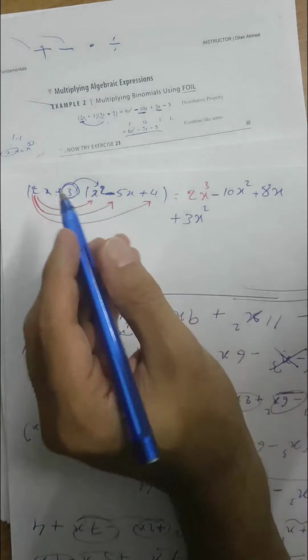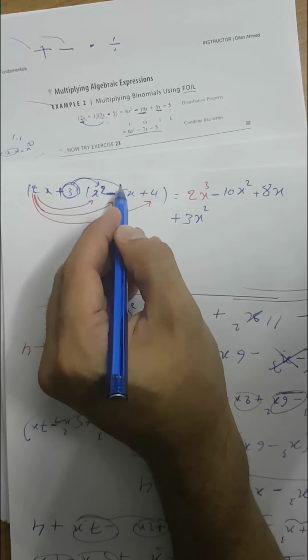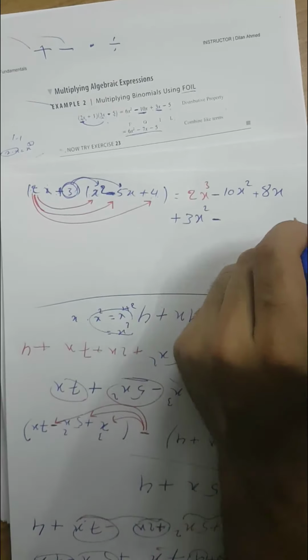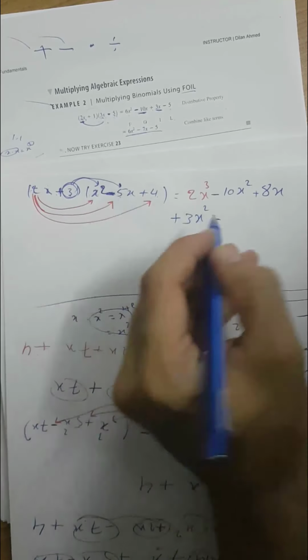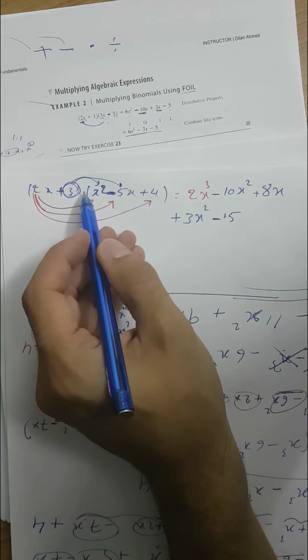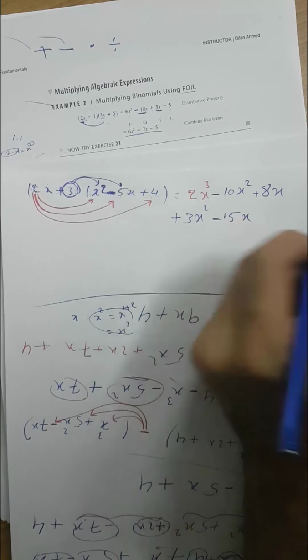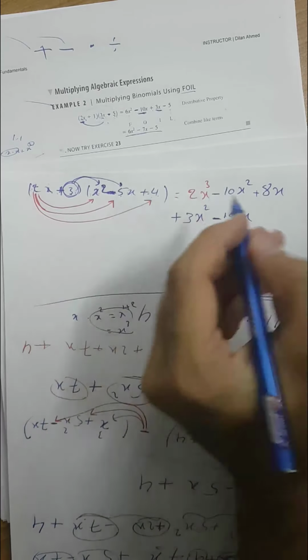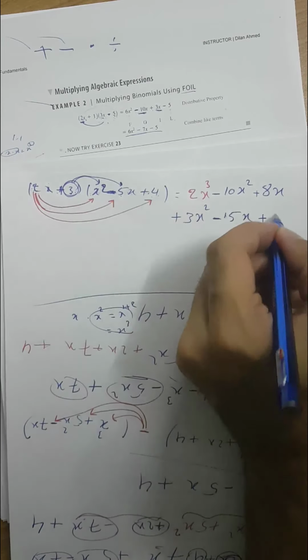Okay, dear. Now again, for the second term, positive by negative is equal to negative. And 3 by 5 is equal to 15. And nothing by x, I will get x. Okay. Now again, positive by positive is equal to positive. 3 by 4 is equal to 12.